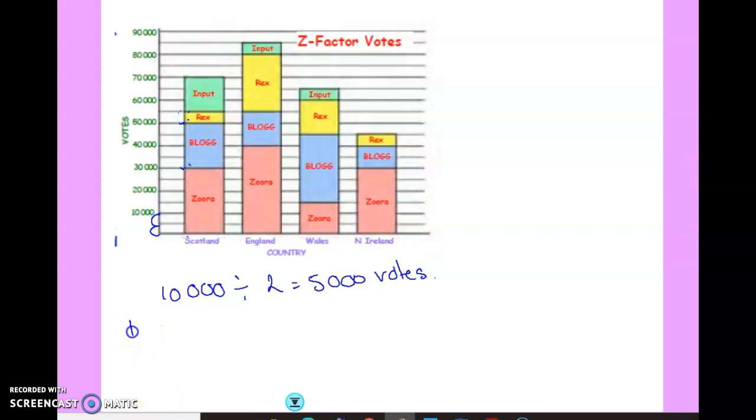So let's look at, for our question, England. And let's say how many people voted for Rex. So how many people in England voted for Rex?